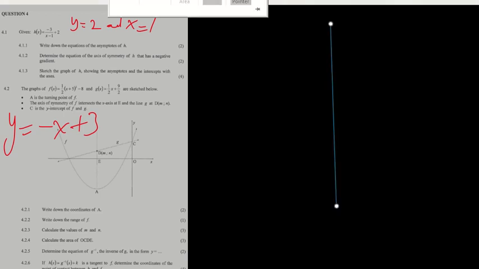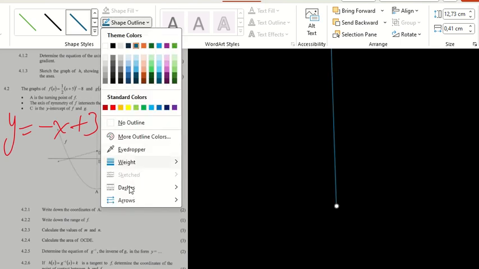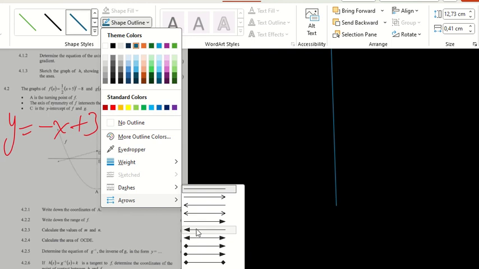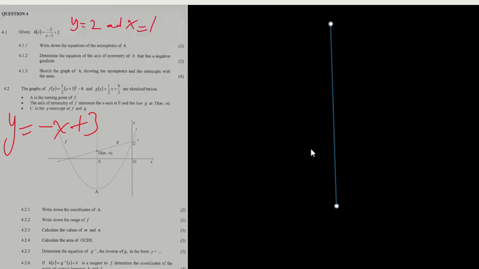Then now, where am I gonna find arrows? Okay, quickly we go to shape format. Then we choose the type of line. Okay, I want the line with arrows. I want that kind of line.